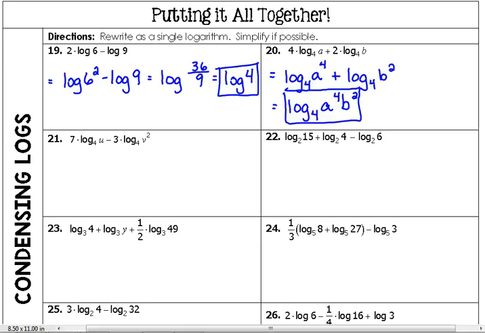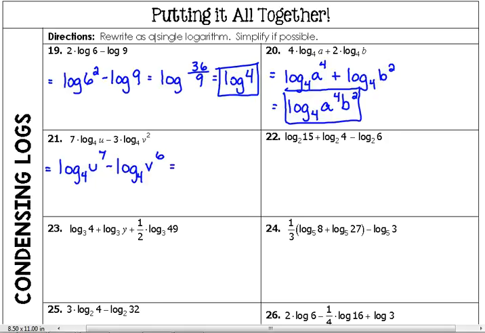Okay? 21. They have the same base, but they have coefficients in front. We use our power property. That becomes u to the 7th minus log base 4 of v. It was already squared. What happens when there is a power to another power? Multiply. So v squared, and then we cube it. So 2 times 3 is 6.